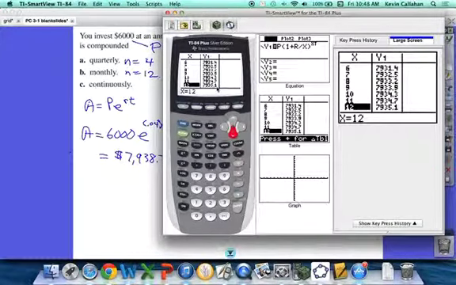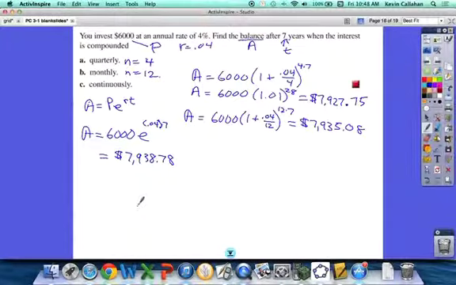There's our annual, monthly, right? And you could even just scroll down until it gets way down there, and then that'll be your continuous. When X gets big enough, that's what it's going to anyways. Okay, so compound interest, that's one application of exponential functions.